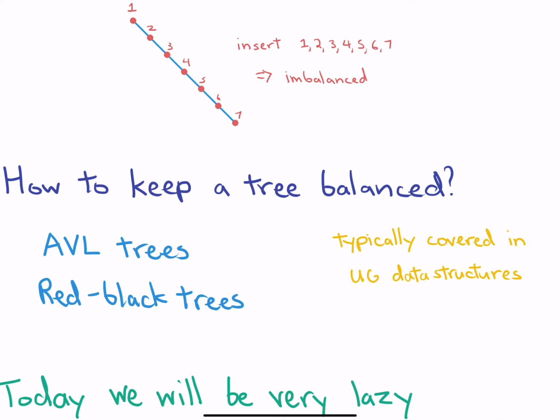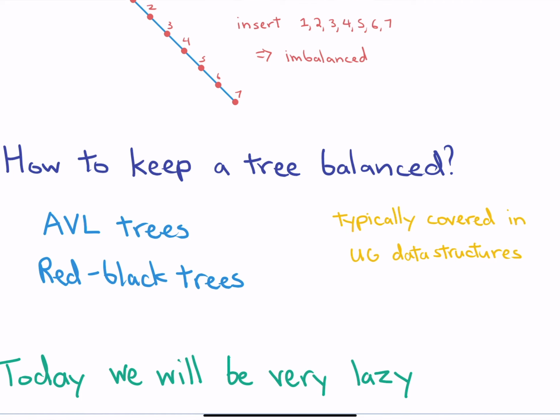But they are actually able to maintain a balanced tree with log n height by various tricks, on rotations and stuff like that. All you need to know from your past classes is that that was relatively complicated. And so my goal today is to show you something that's much, much simpler. We're going to be very lazy.